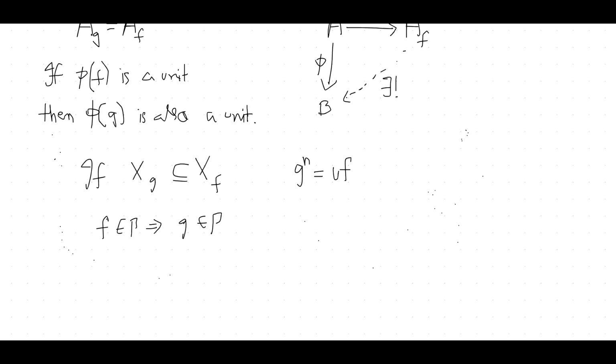So xf intersection xg is equal to x of fg, right? And this is fine because if you take the complements, then if P is a prime that contains F, then P contains Fg, and also if P contains Fg, then it contains one of them. Right. So this is correct.